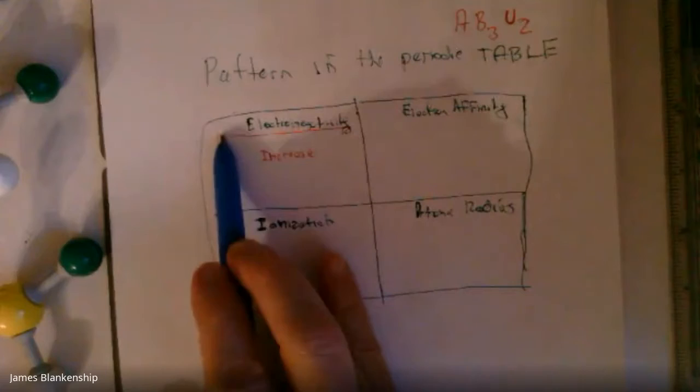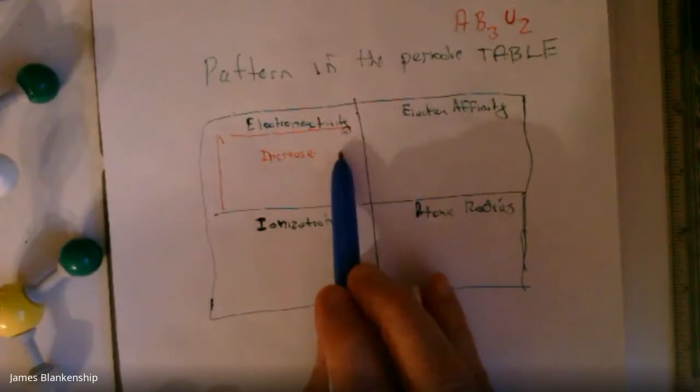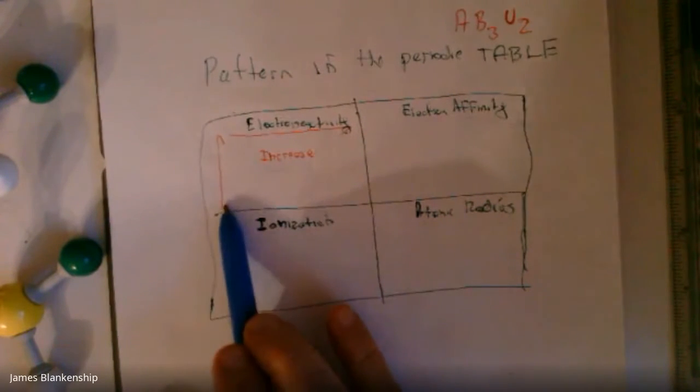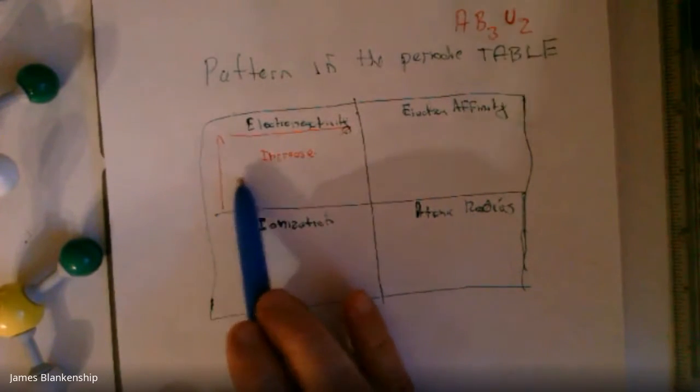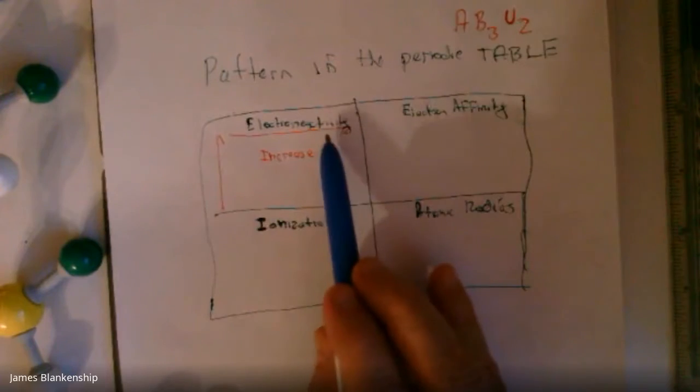So our electronegativity increases up and to the right. That's why fluorine and chlorine and oxygen are negative. That's why when you have things down here in this column, which would be francium, cesium, and barium, they are positive. They don't want to hold on to them as much. These guys really want to hold on to them.